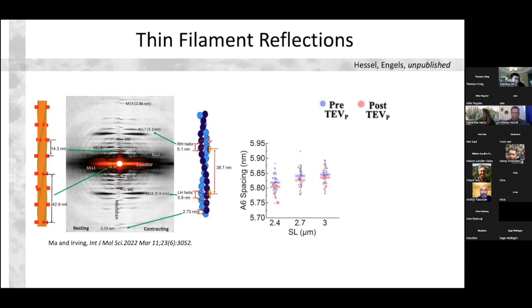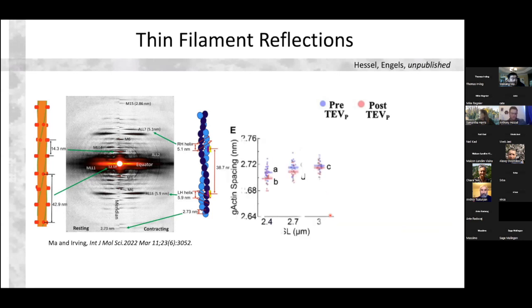And I don't have the significant figures on here, but I also believe it's significant at sarcomere length 3. And the actin spacing, or the A7 spacing, was also significantly affected by myosin binding protein C. So these results are consistent with C protein interacting with actin directly under resting conditions here.